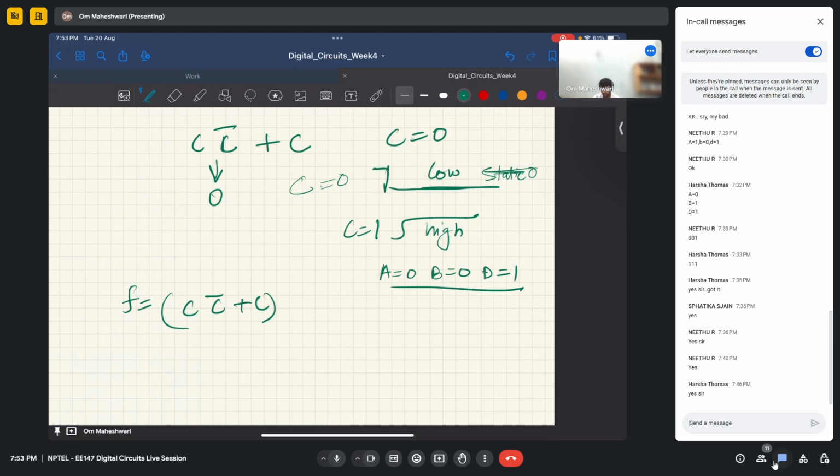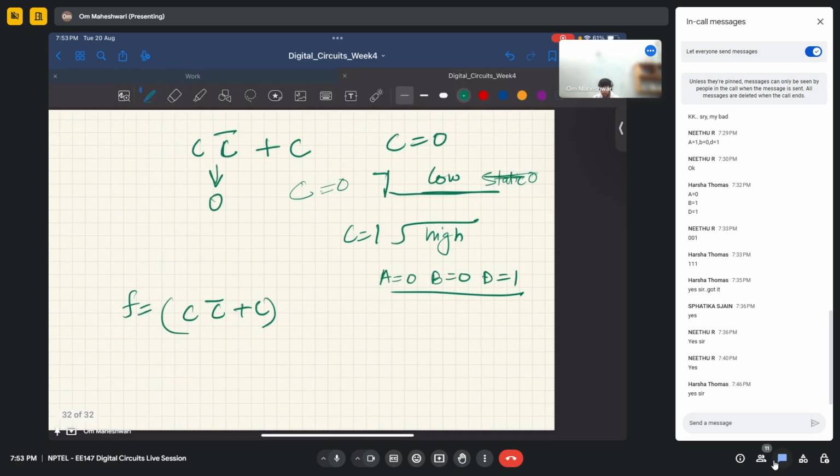What you can do is add first, and C equals 1, plus A bar, B bar, C, D, and multiply by A plus B plus C bar plus C plus D bar. Now this will remove the dynamic hazard, right?